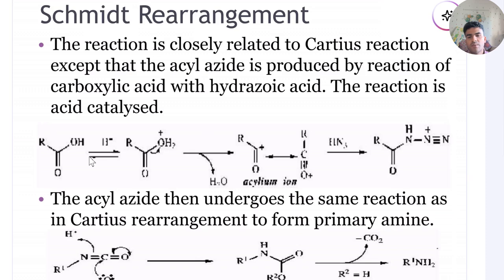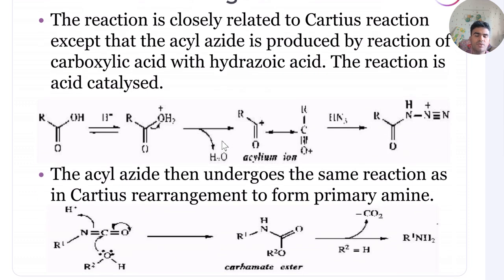So here the carboxylic acid will react with hydrazoic acid to produce the acyl azide, which will successively convert into a nitrogen intermediate, and after that it will convert to the amine with reaction with H2O.